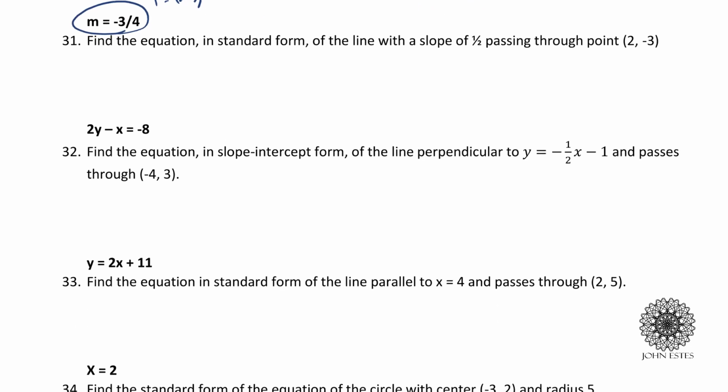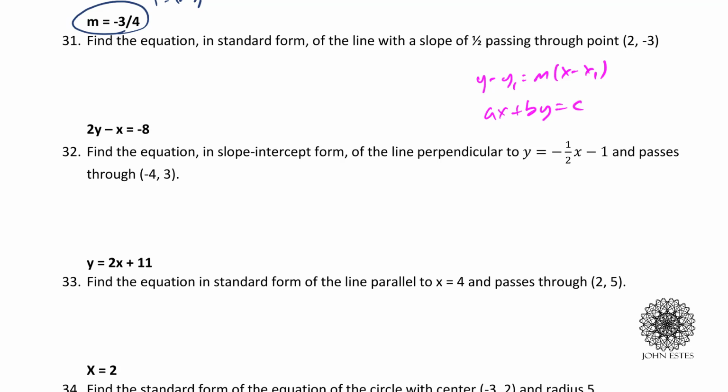All right, number 31 says find the equation in standard form of the line with a slope of 1/2 passing through the point 2, negative 3. Okay, so a couple of things. Point slope formula says y minus y1 equals m times x minus x1. So I can figure out then the equation of the line based on that, but standard form is when I write it like this: ax plus by equals c.